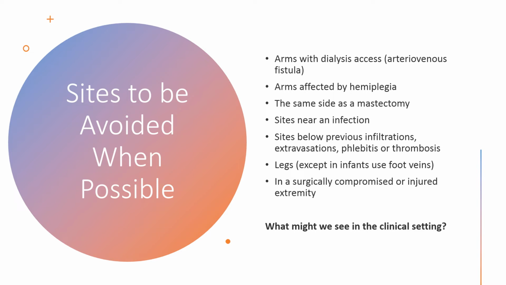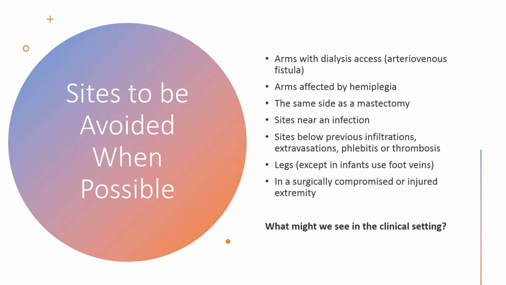Sites near an infection. Sites below infiltration, extravasation, phlebitis, or thrombosis. And again, this is why we start low and continue higher. Legs, except in infants, where we may use the foot vein, and a surgically compromised or injured extremity.